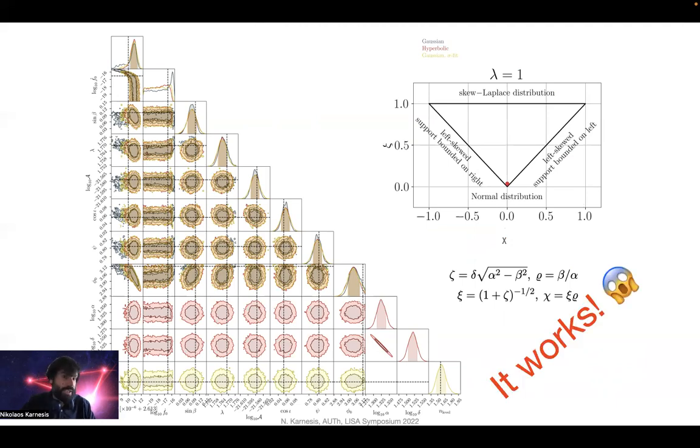At least for this simplified case, I mean, this is a very localized type of source in frequency, and it's pretty high SNR. So things will get more complicated when we have sources that travel across the frequency band of LISA, for example, like massive black hole binaries, because then we might know the noise differently in different parts of the spectrum.